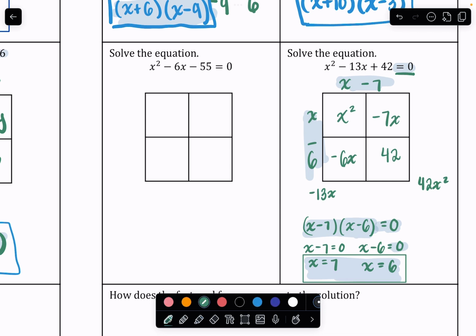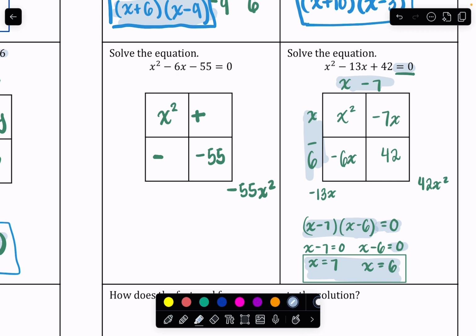So let's go back and factor this one together. I just wanted to show you the work and explain what we did before we actually did a practice. Maybe for fun, you guys could count how many times I say okay. I say it too many times. So I'm going to multiply together and I get negative 55x squared. That means one of my values is going to be negative and one of my values will be positive.